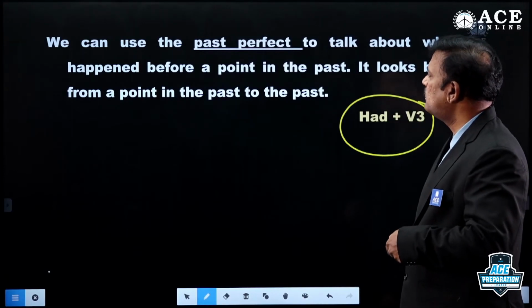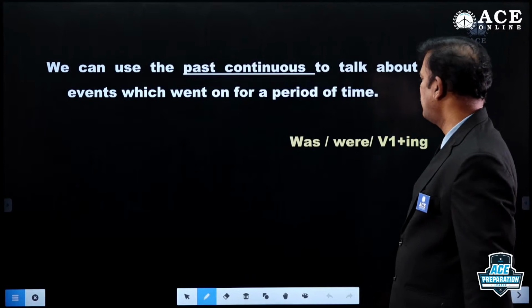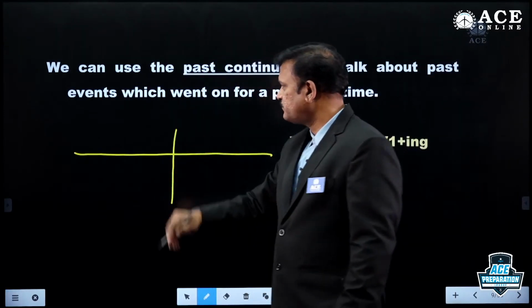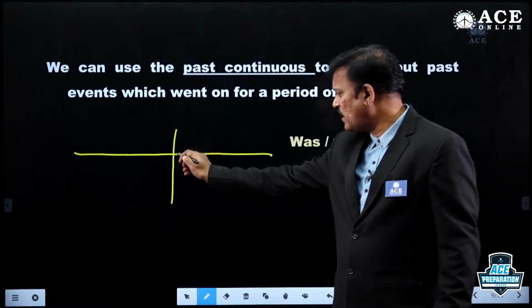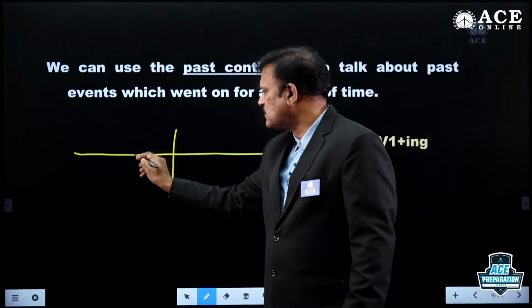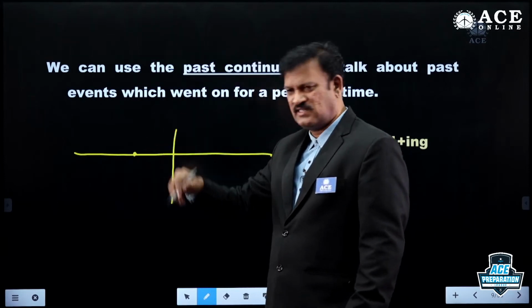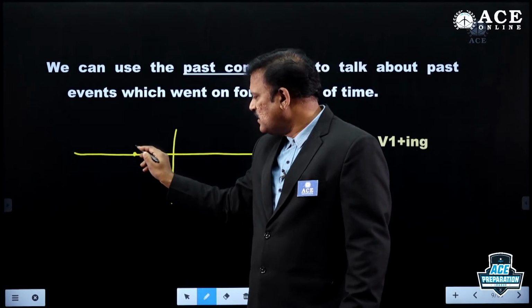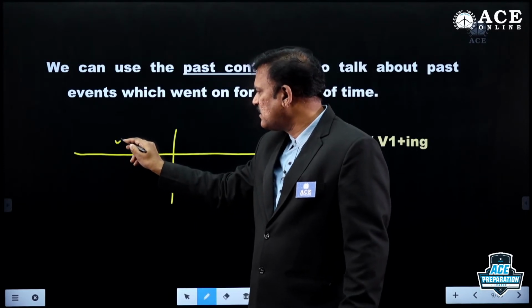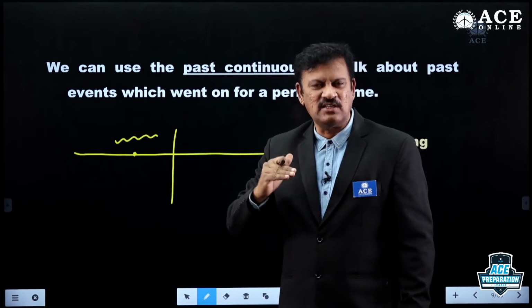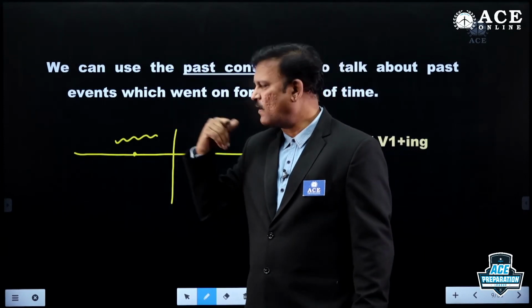Now, look at this. Again, this time, some action is here, and this is the point. At this point, I am interested in the continuation of that action. That action was in progression, like it is going on.